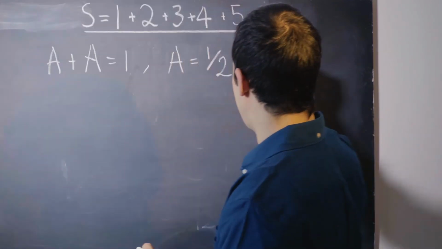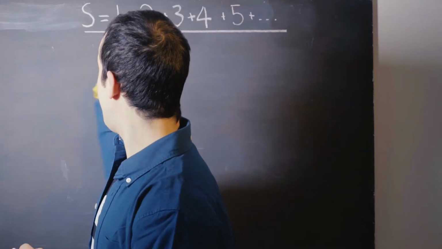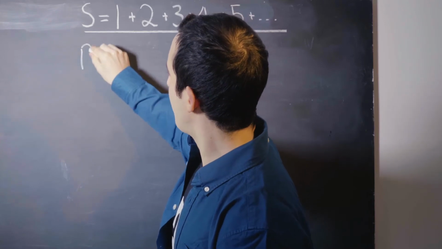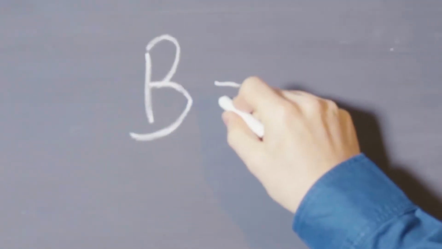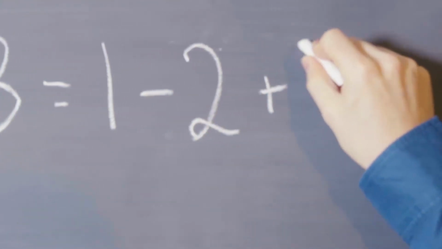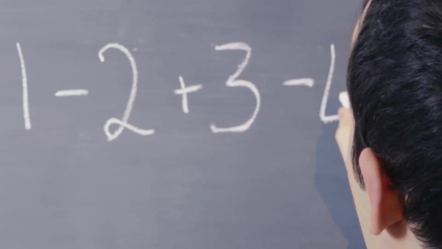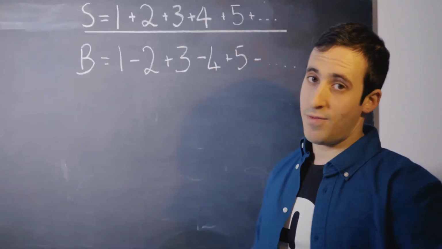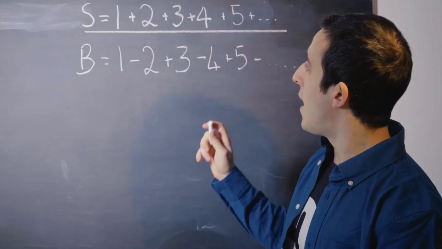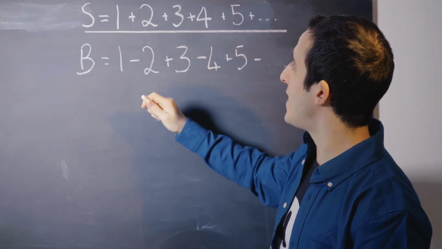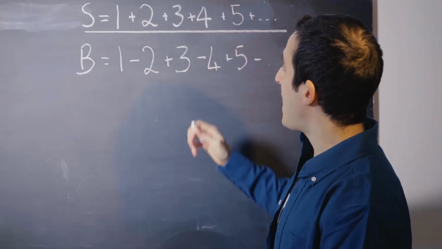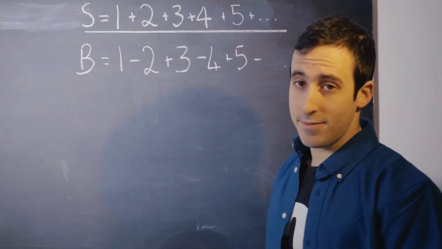The next sum we have to consider, let's call B. So B is 1 minus 2 plus 3 minus 4, and that goes on to infinity as well. So you can see we're getting closer to S here, but instead what we have is that every odd term is positive and we add it, and every even term is negative.